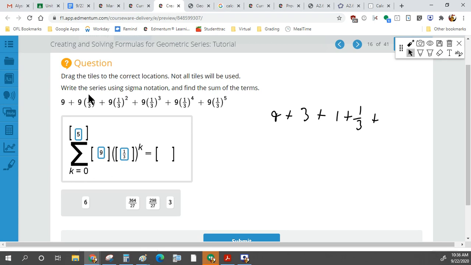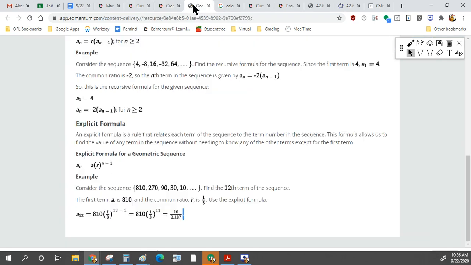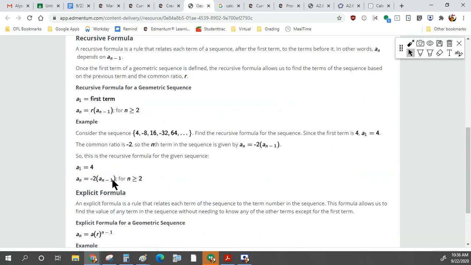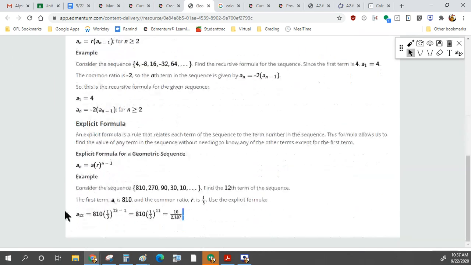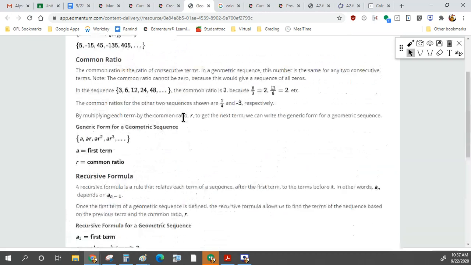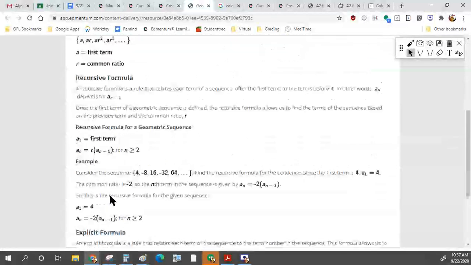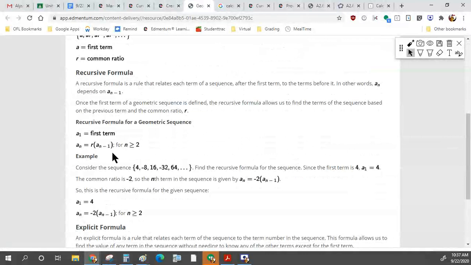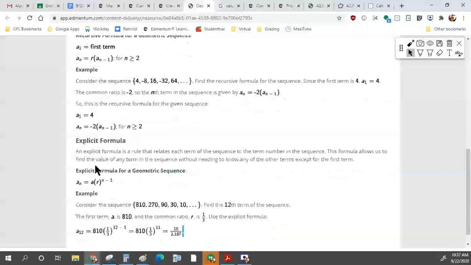So a sub 0 is what we start our formula with. It even says so somewhere over here. A sub 0, there it is. Even then they talk about a sub 1.